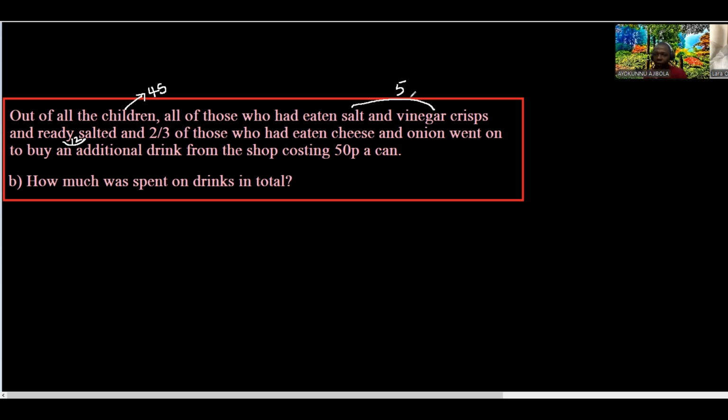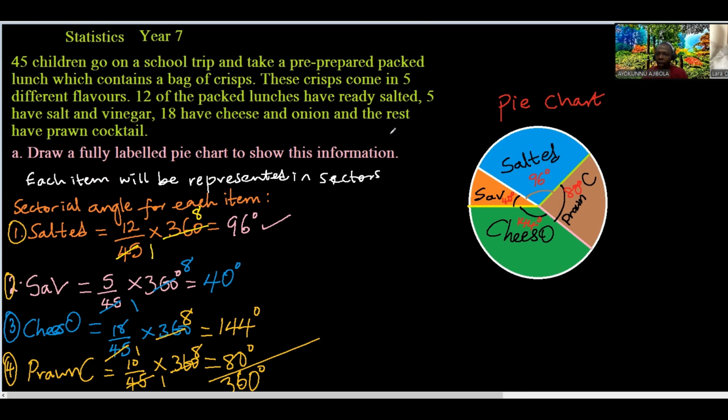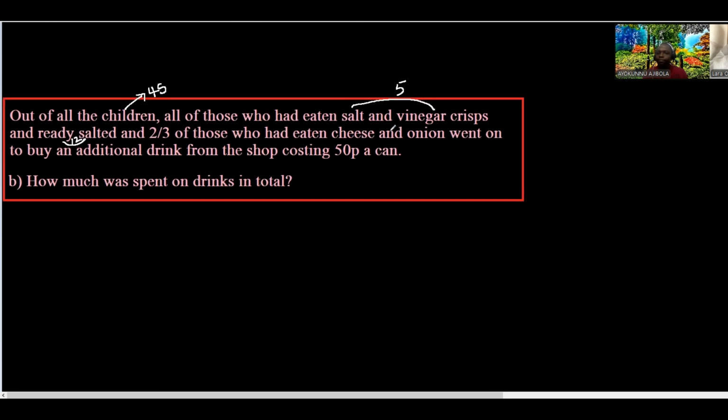5, then 12, and two-thirds of those who are eating cheese and onion. Not all of those ones, but two-thirds of them. So how many had cheese and onion? 18. So cheese and onion is 18, but we need two-thirds of them.